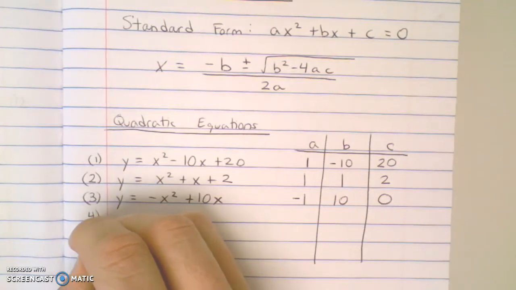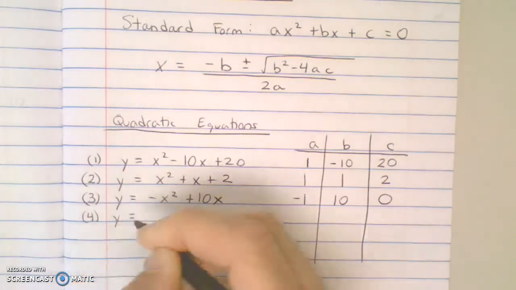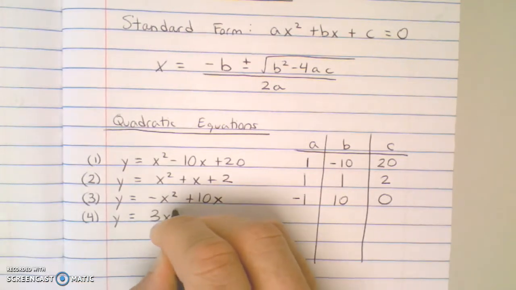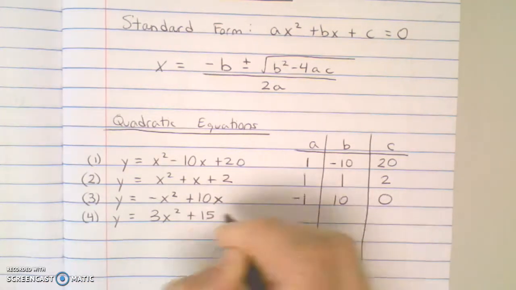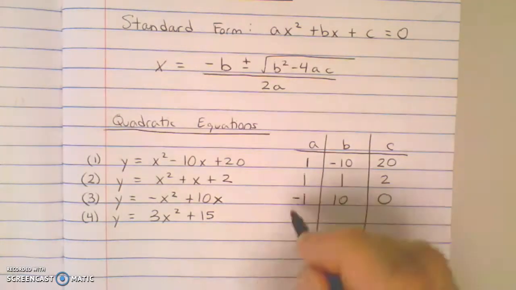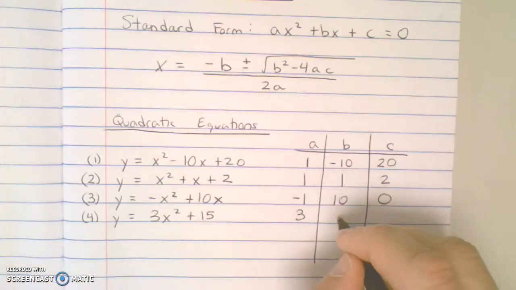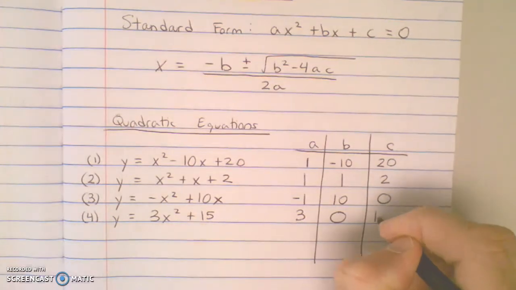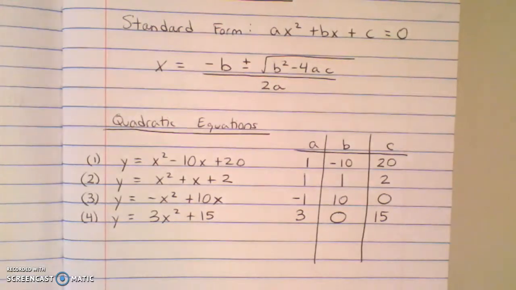Let's look at two more examples. In this example, 3 is the coefficient of x squared. There is no x term, so it's 0 again. And then this time there is a constant value of 15.